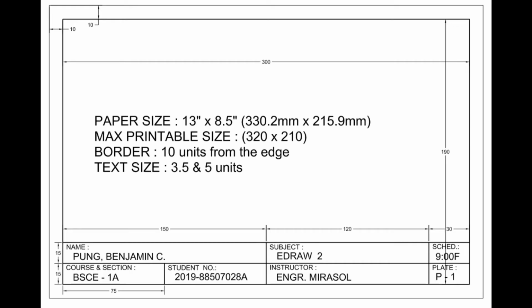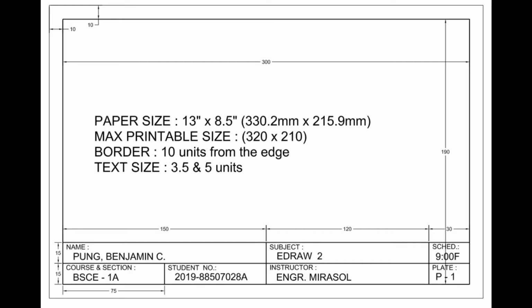We will notice that we have our border, which is 10 mm from the edge of the paper, and the text sizes are 3.5 mm and 5 mm, because we have two types of text, a big one and a smaller one.